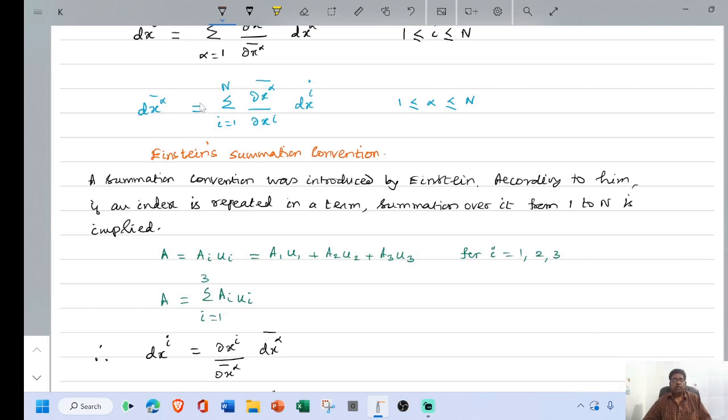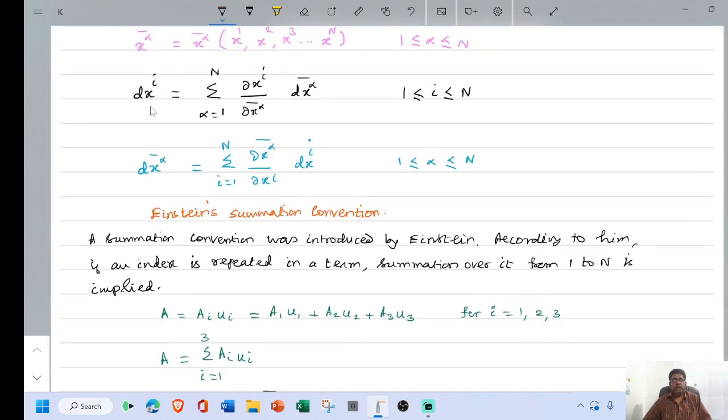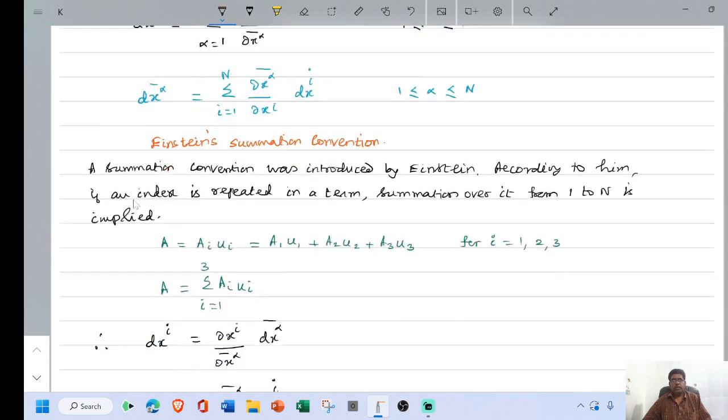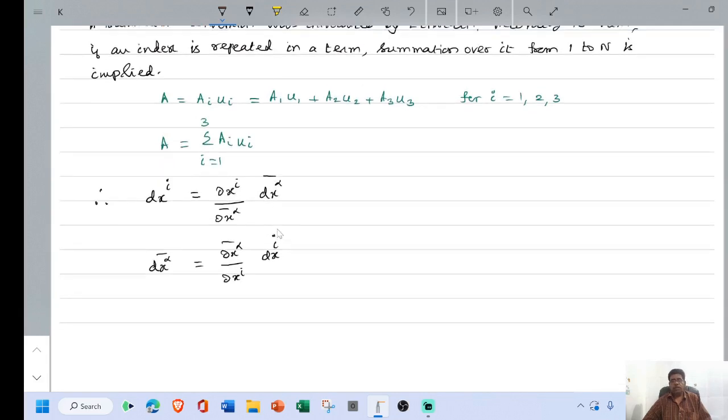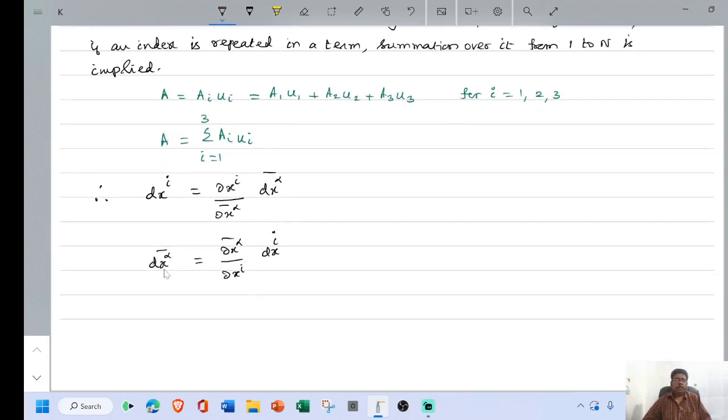Therefore, we may present the equation for dx superscript i without using the summation as dou x superscript i divided by dou x bar alpha into dx bar alpha. In the same manner, dx bar alpha equal to dou x bar alpha divided by dou xi into dxi.